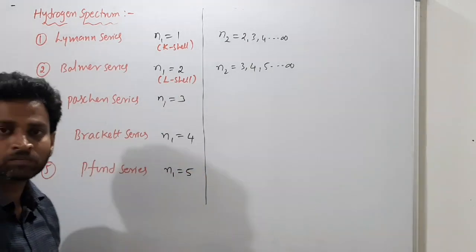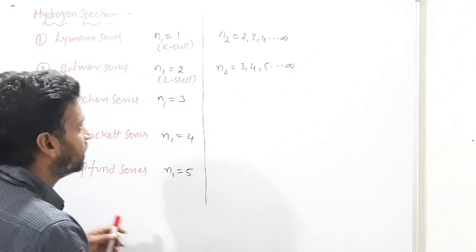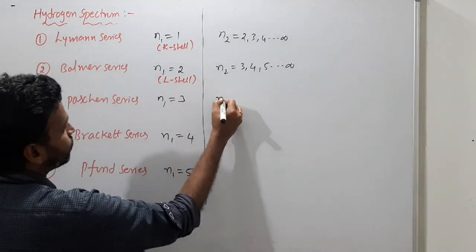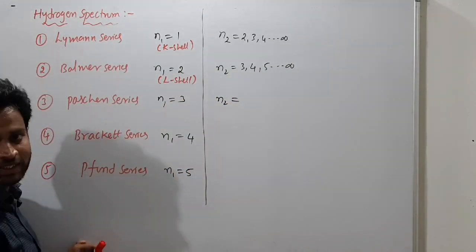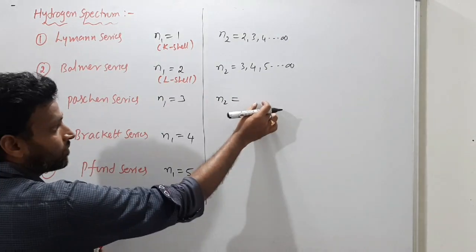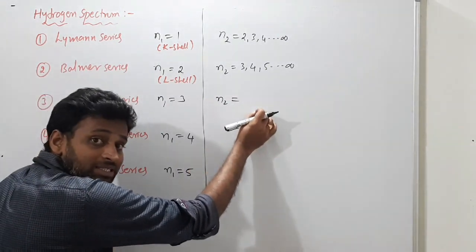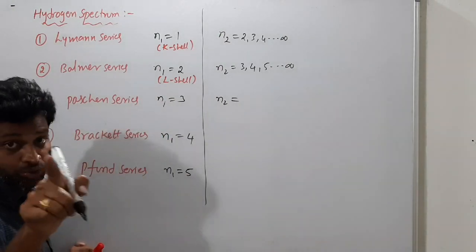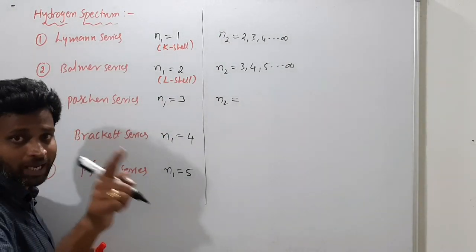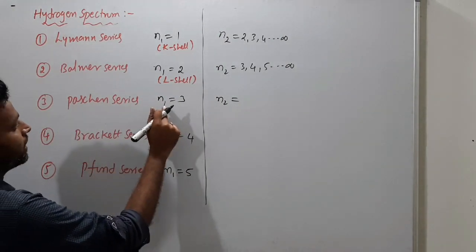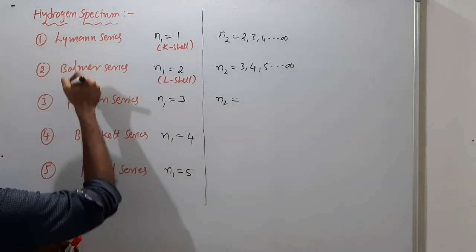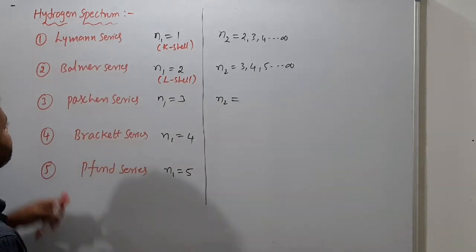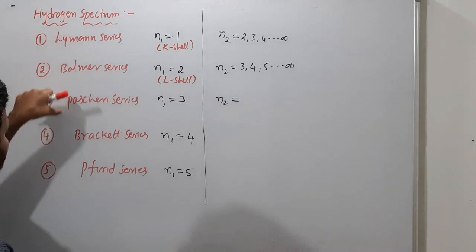So these are very, very important. For solving numericals they will give the higher value, but you should know the lower level. If they say Paschen series, what is the lower level? n1 is 3.